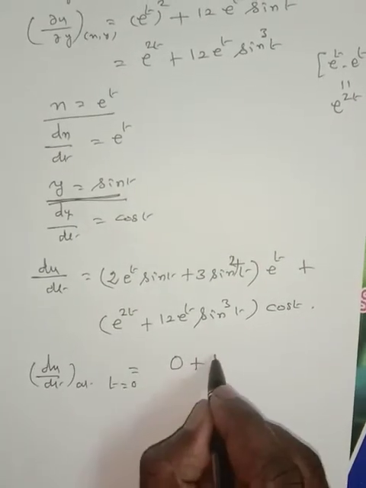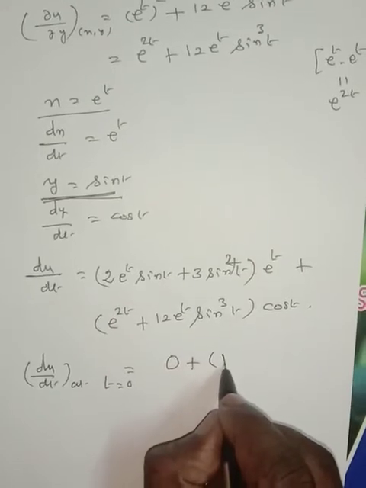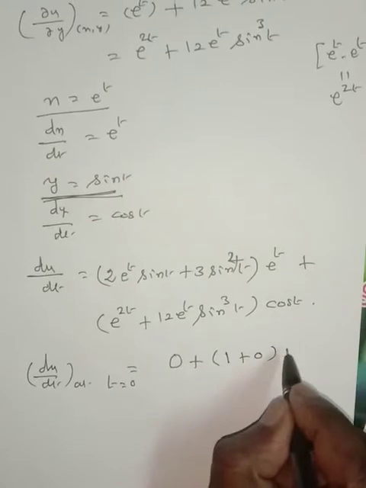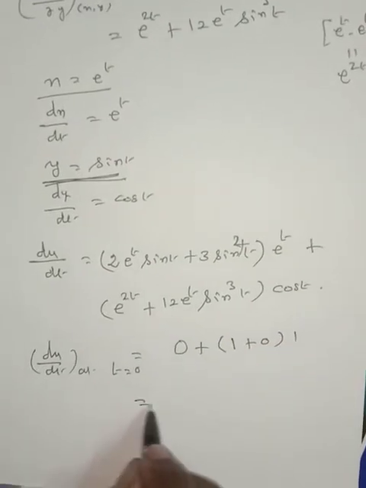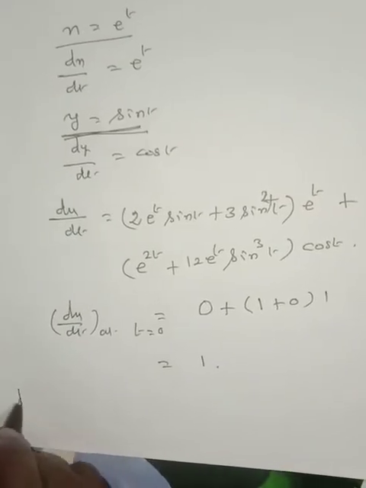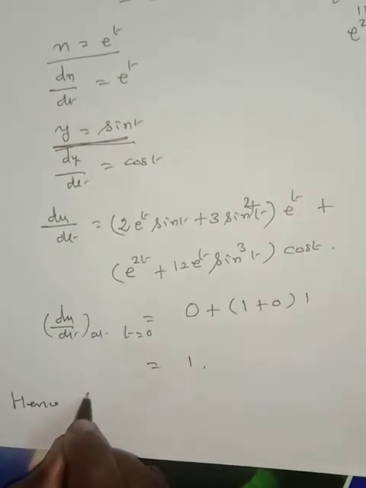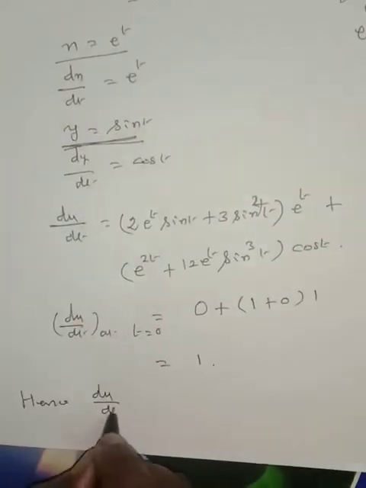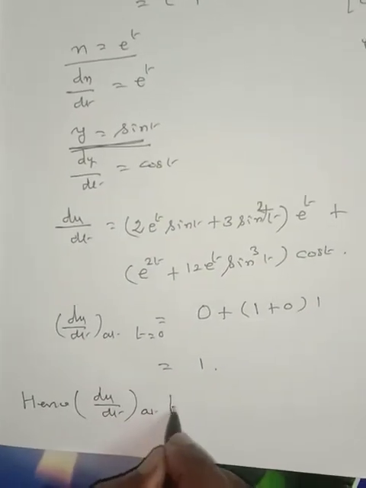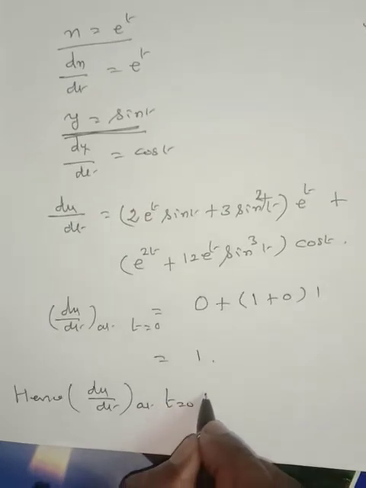So e to the power of 0 is 1, plus 0 into cos 0 is 1. So totally 1. Hence du by dt at t is equal to 0 is 1.